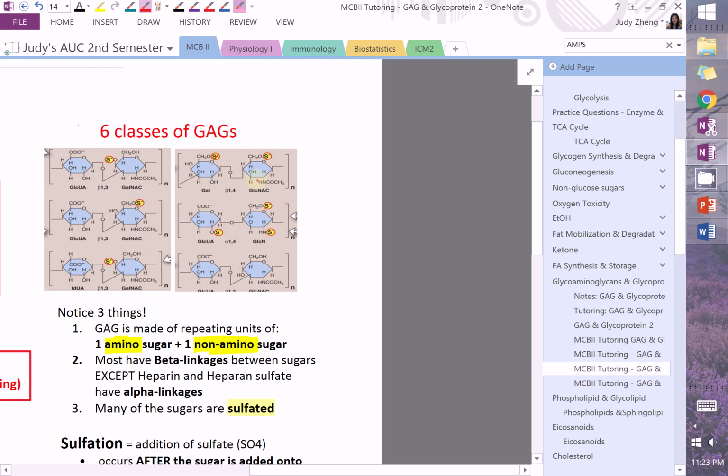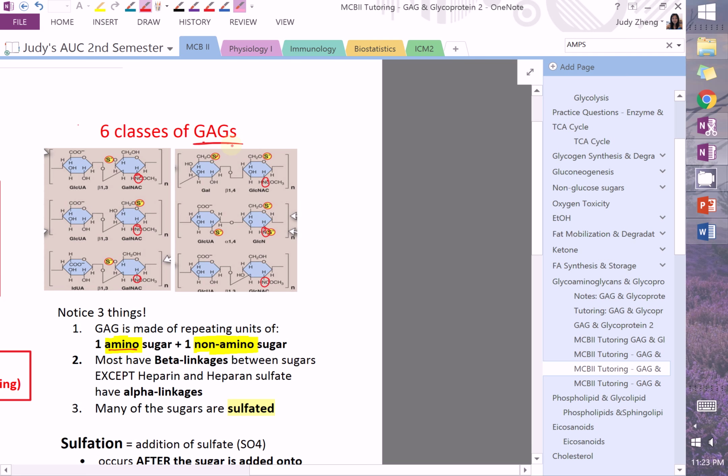There are 3 things that I want to talk about really. First thing I already mentioned, it's made out of alternating units of 1 amino sugar and 1 non-amino sugar. So if you look at here, I'm going to go ahead and circle all the amino sugars. So this is amino sugar, amino sugar, amino sugar, and so on. And these are the 6 classes of GAG.